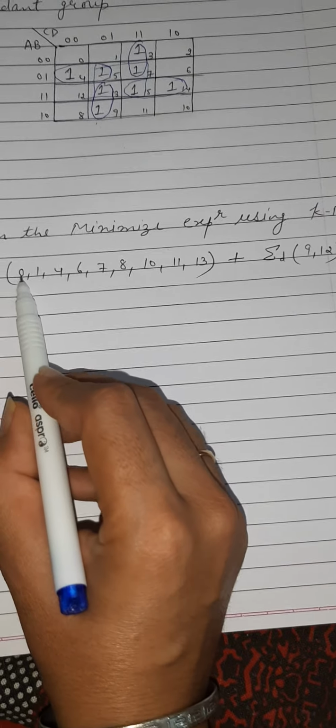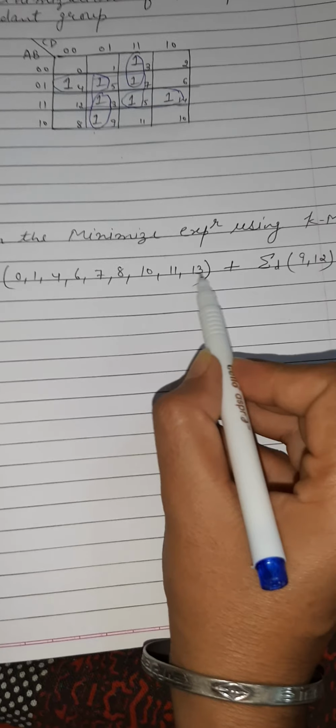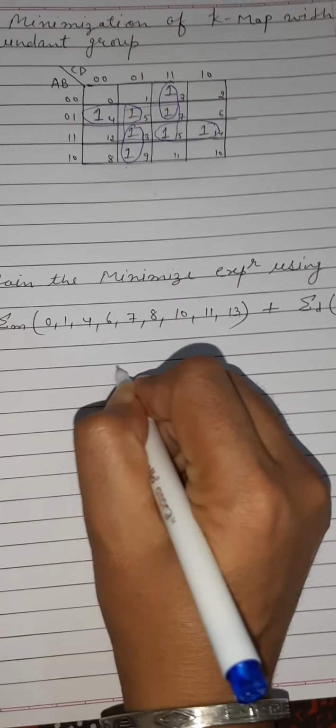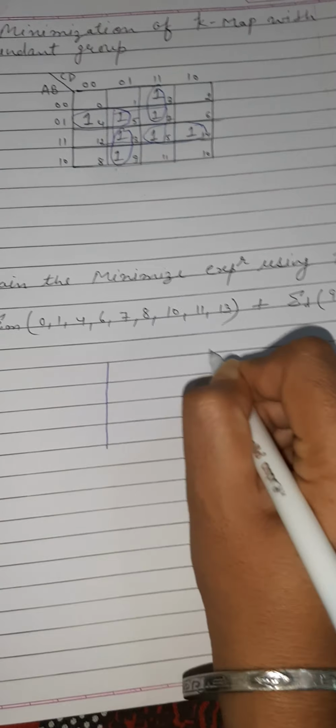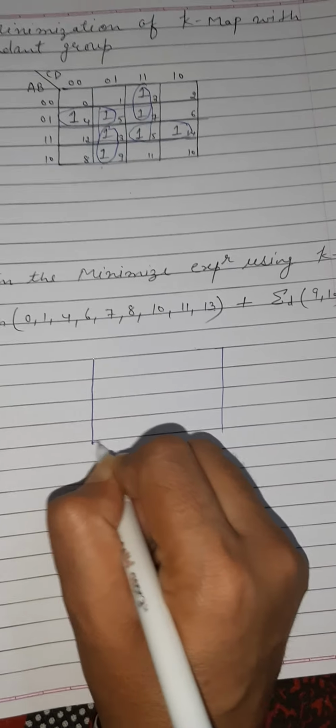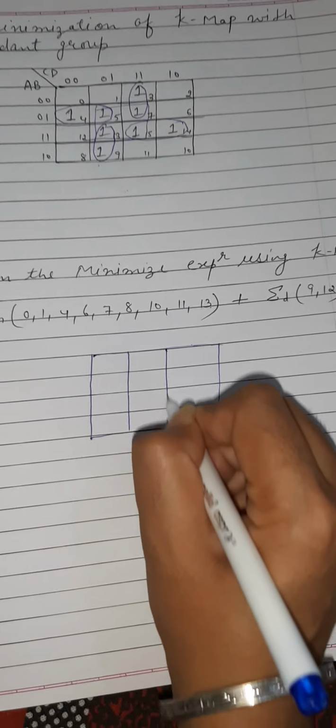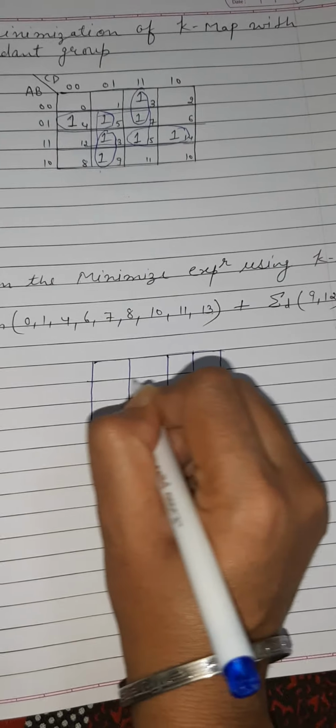Now how to make a K-map using this? First of all, we can see these are numbers starting from 0 and the largest one is 13, so a 4 variable K-map should be made. The 4 variable K-map in this manner.